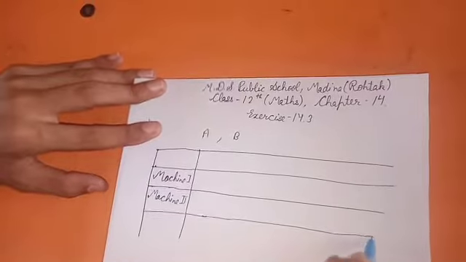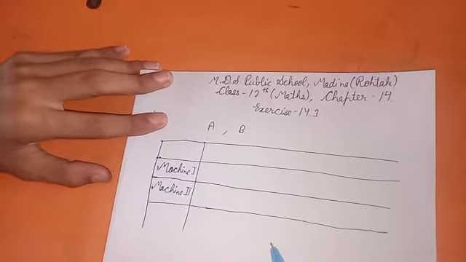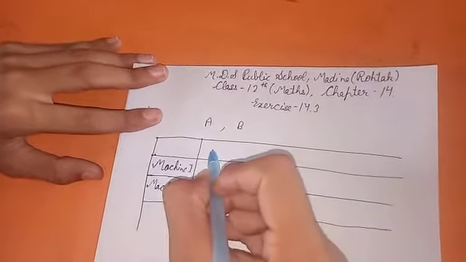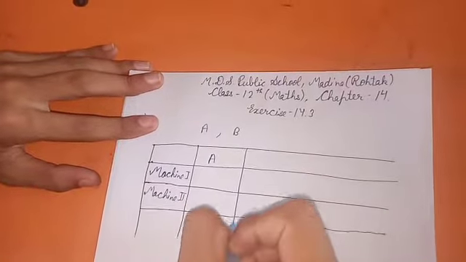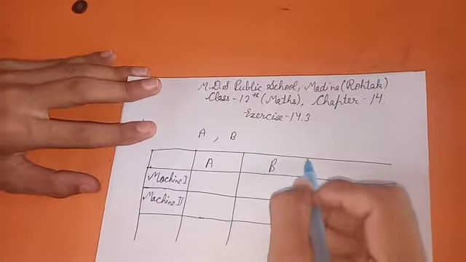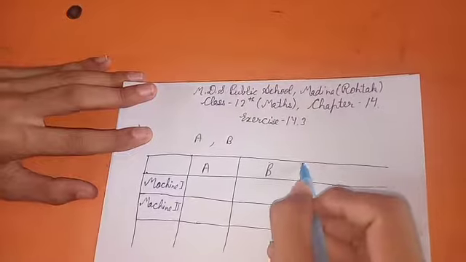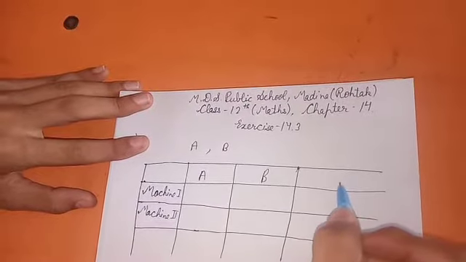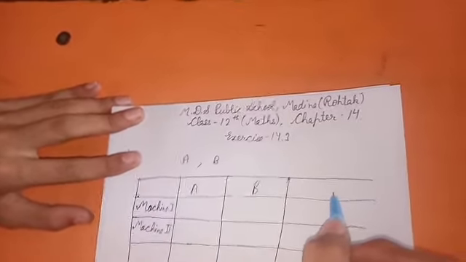In those machines, these products, product A and B, take different times to form.